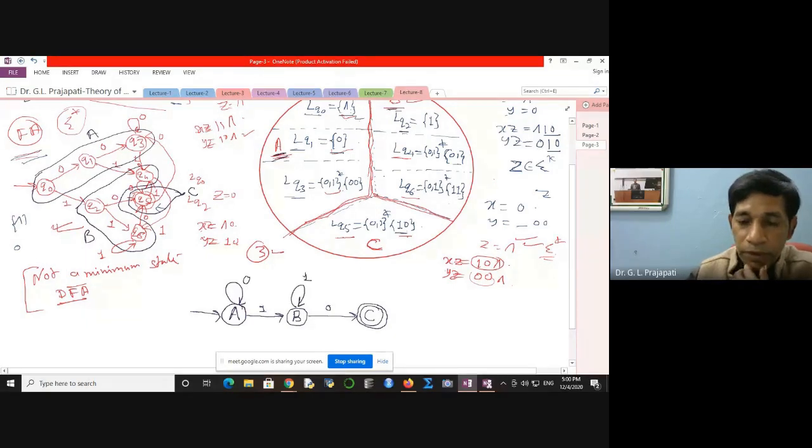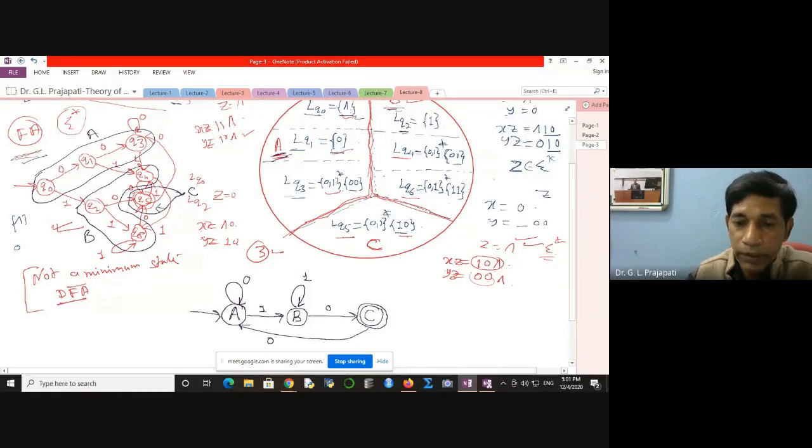Now whenever you are in C and you get 0, you will have double 0 at the last, and double 0 is in the equivalence class A. So from this equivalence class, you can transit to the equivalence class A for the case of 0.